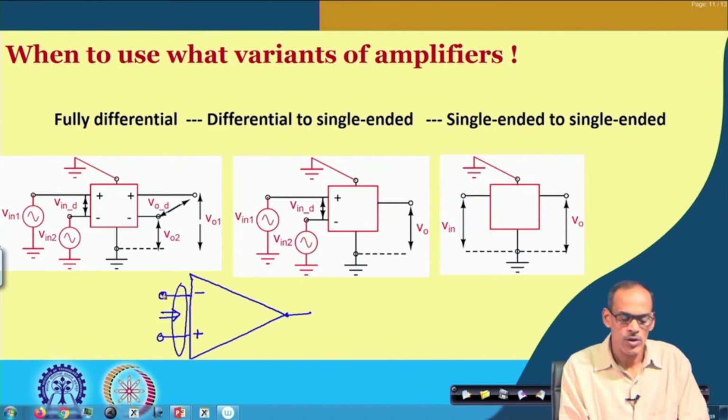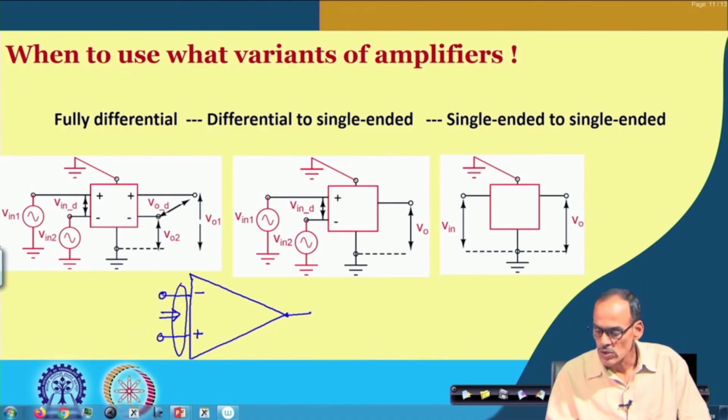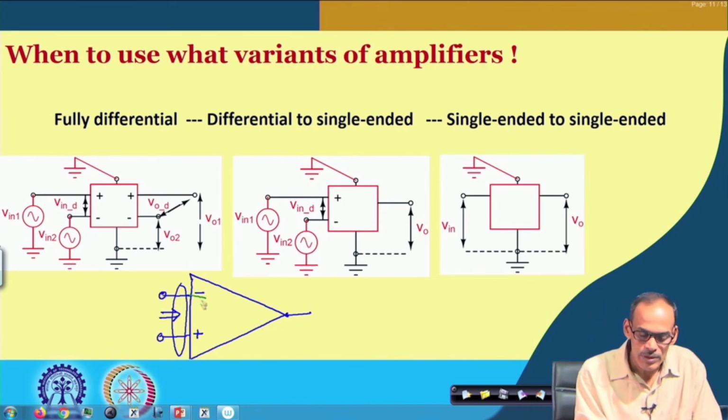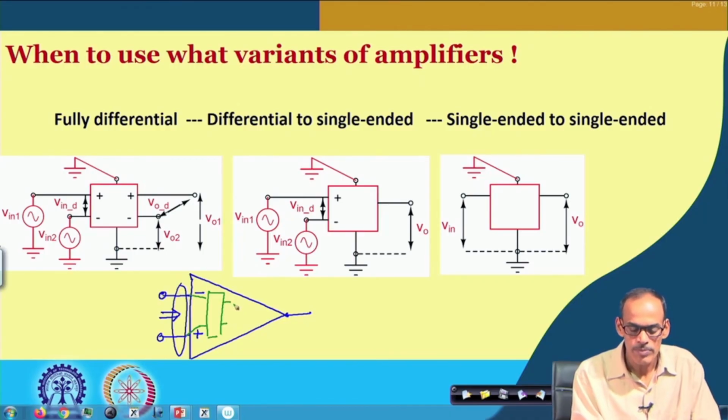In fact, the common mode signal can be even higher than the differential signal. So, naturally the first block is differential to differential, and then once the common mode part is getting suppressed, probably the next block converts the differential signal into a single ended signal, and then subsequent blocks are single ended.